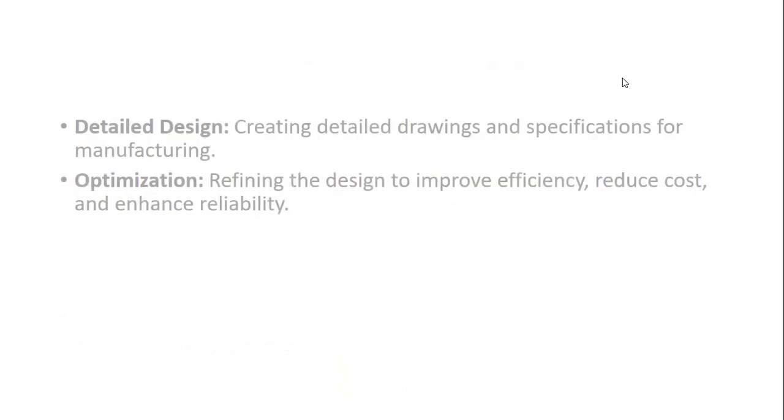Then detailed design, creating a detailed design drawing and specification for final manufacturing. The last one is optimization, refining the design for further changes in order to improve the efficiency, reduce the cost and design error, and enhance the reliability in terms of lifetime usage. So these are the key steps in the design process.